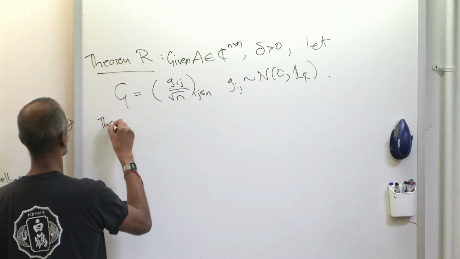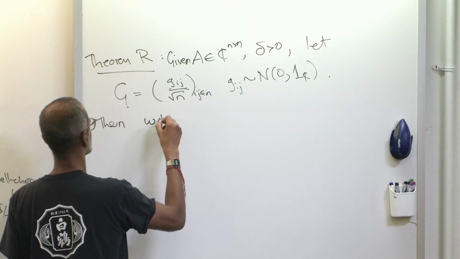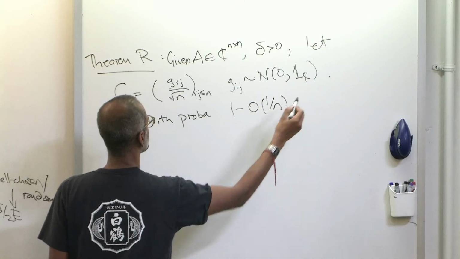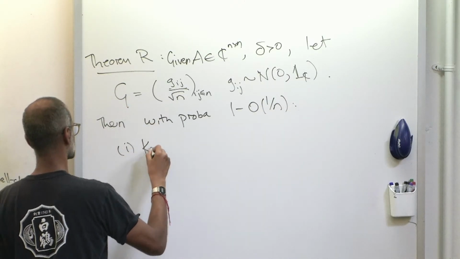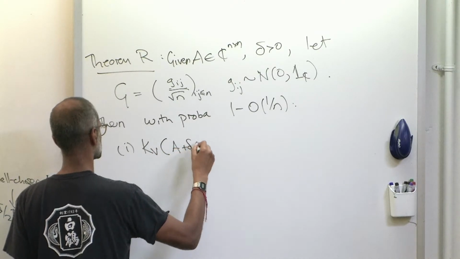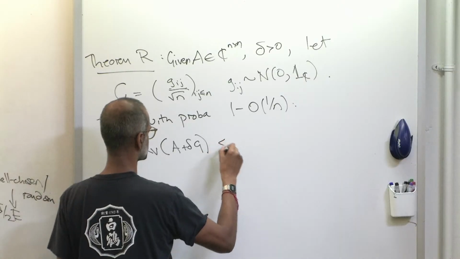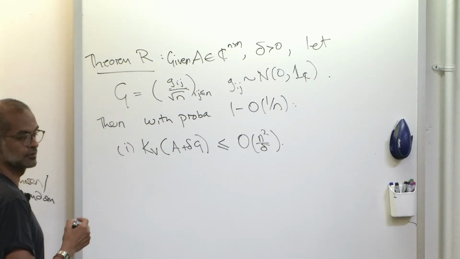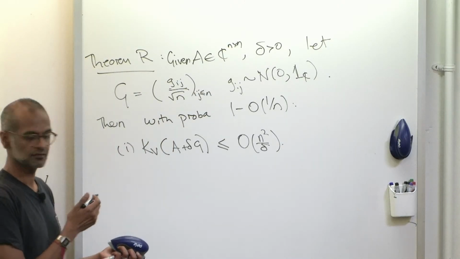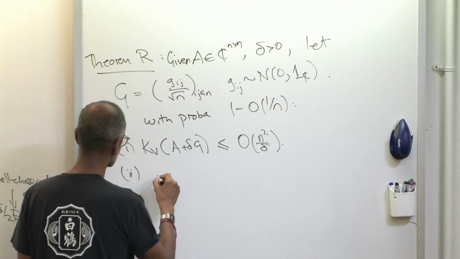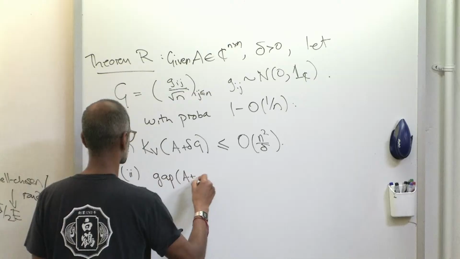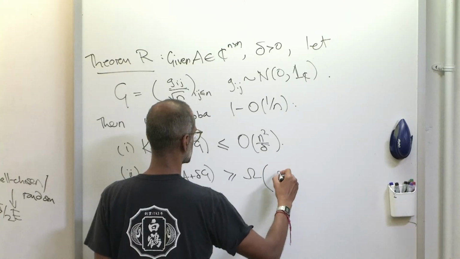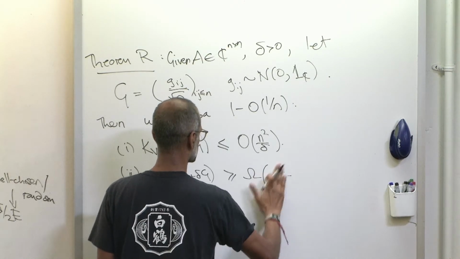Then, with probability 1 minus order 1 over n, the following things are true. If you look at the condition number of the perturbed matrix, this is bounded by order n squared over delta. So it becomes a small polynomial in n. And the second thing is, if you look at the gap of this perturbed matrix, this is at least some constant times delta over n squared.